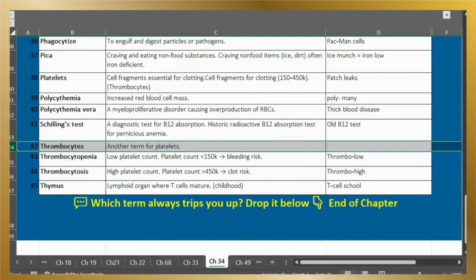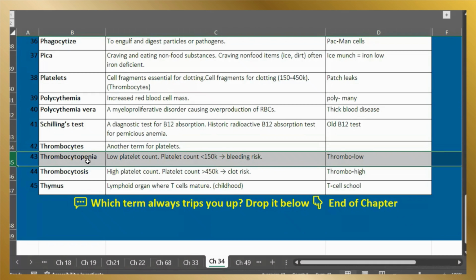The thrombocytes, another term for platelets, involved in blood clotting. So it's very essential in blood clotting. Here, thrombocytopenia. So think also penia.